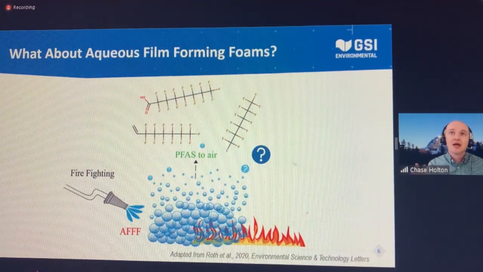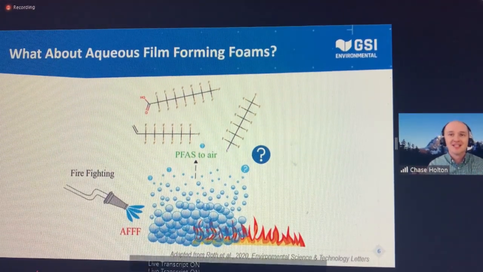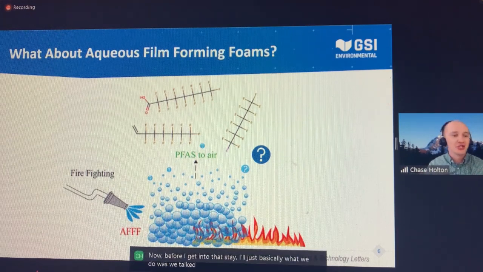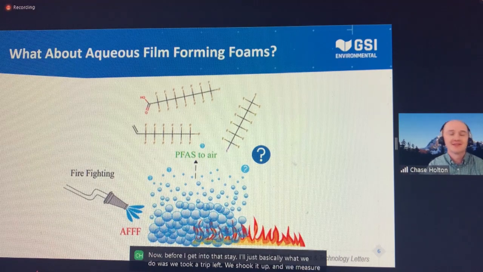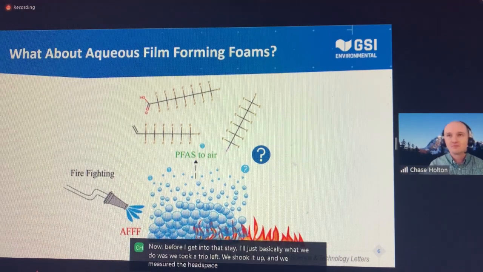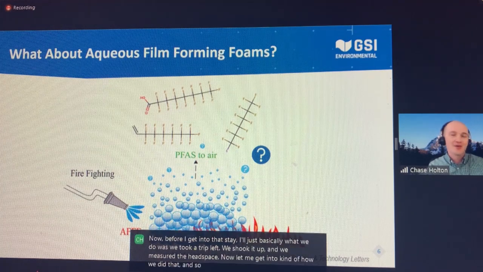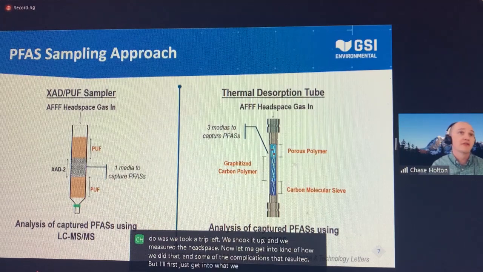Before I get into that study, basically what we did was we took AFFF, we shook it up, and we measured the headspace. Let me get into how we did that and some of the complications that resulted, but I'll first get into what we used for the analysis.